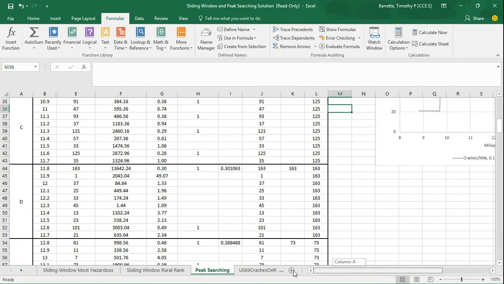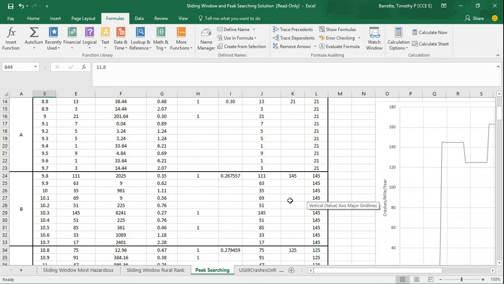And we can again confirm this with our table. So I said mile point 11.7, and we can recall that mile point 11.8 here extends from 11.7 and ends at mile point 11.8. So that makes sense.